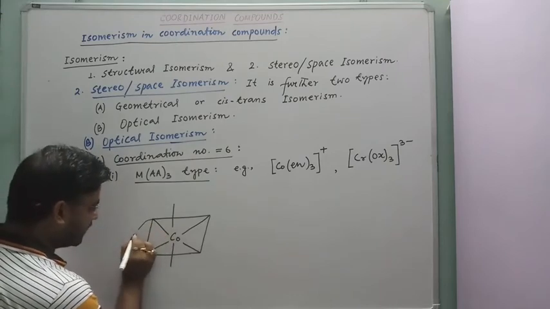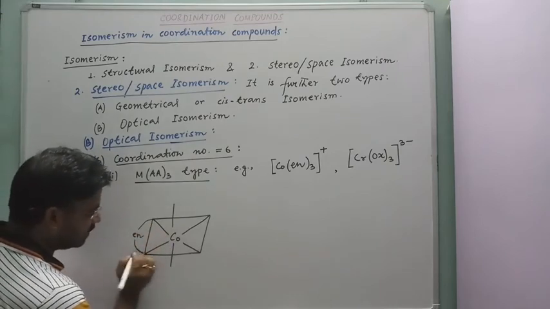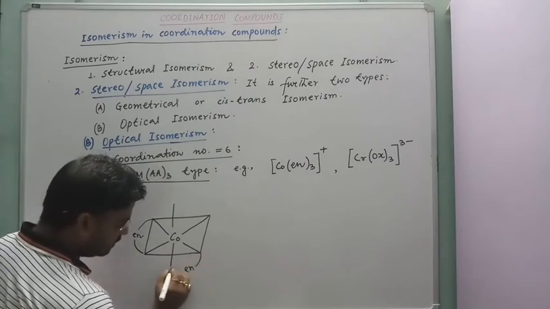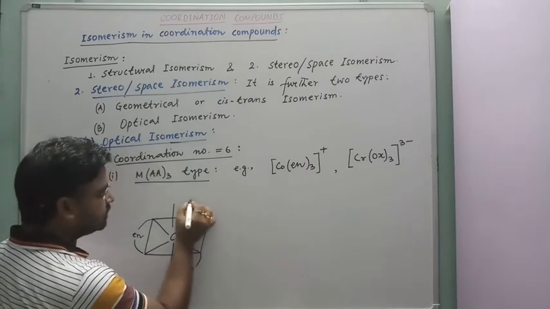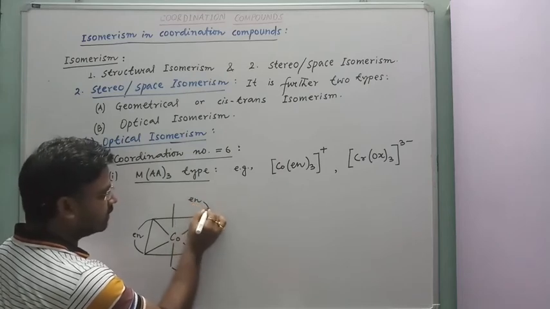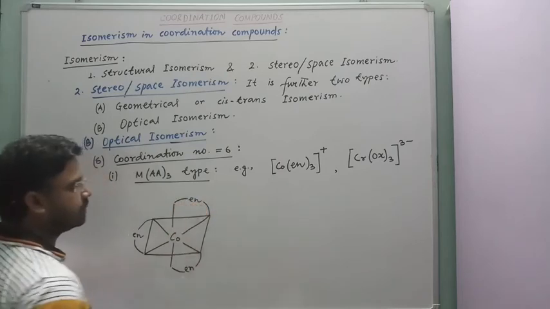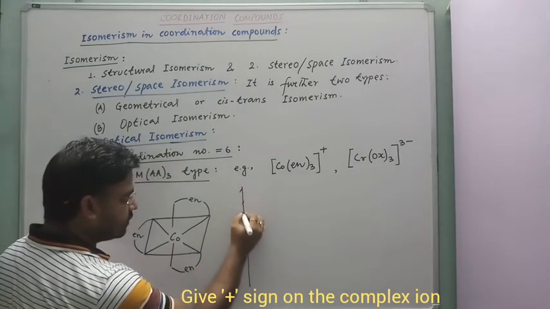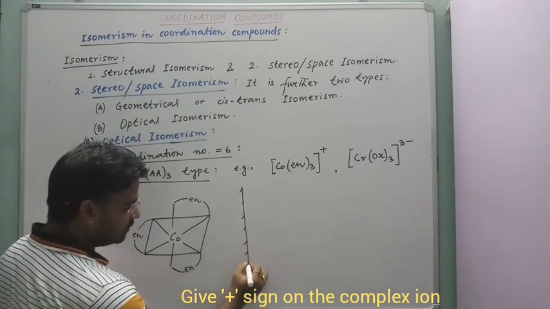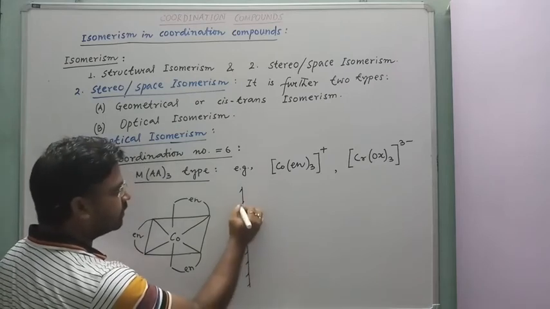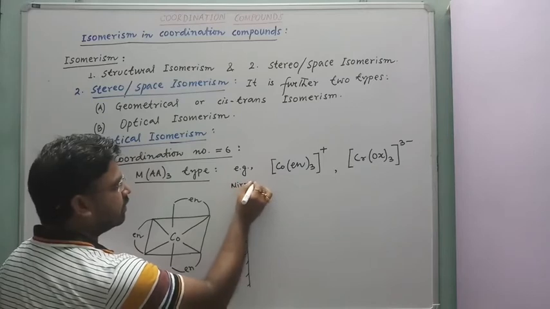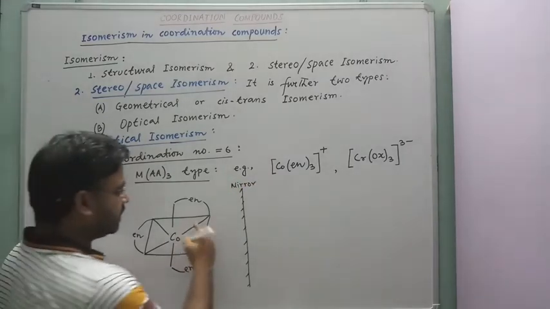So there is one en in these 2 positions, and in these 2 positions there is another en. Now if we place this in front of a mirror, this one is the mirror, then the mirror image will be like this.